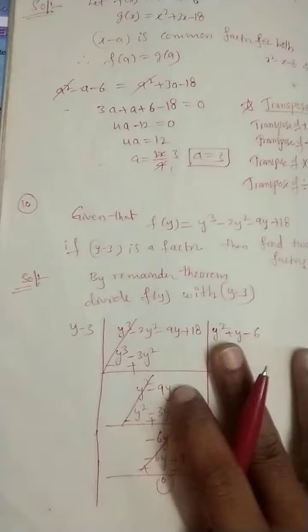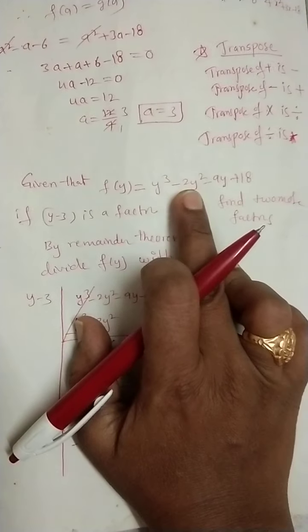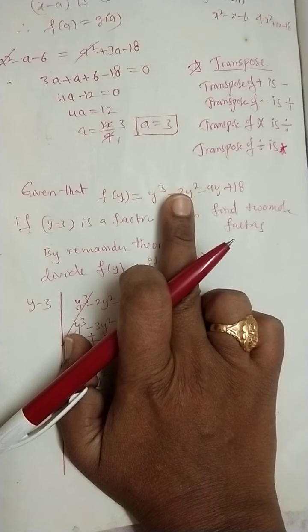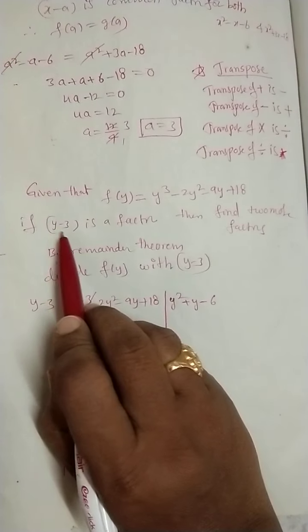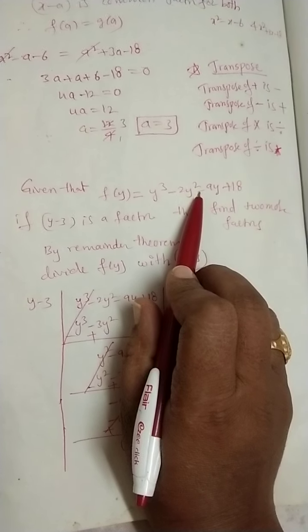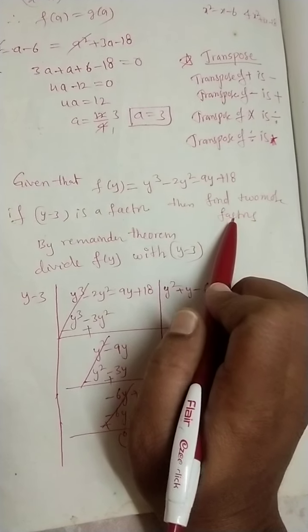Okay, now the 10th question. They have given one polynomial and one factor of that polynomial. See here, y minus 3 is one factor of the given polynomial. Then you should find the two other factors.